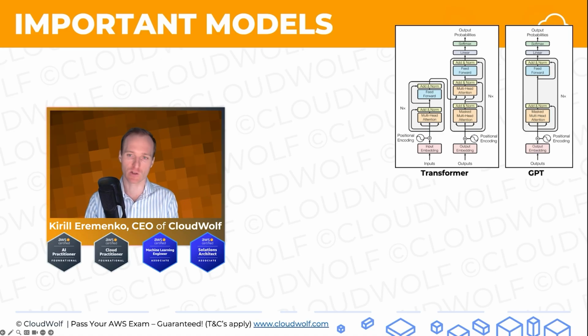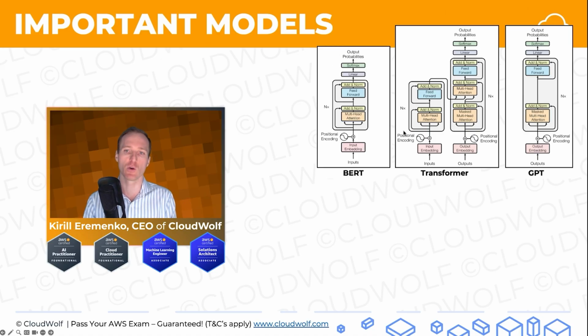Now, if you take the transformer and you take this left part, you will get a BERT model. You can see this part of the architecture is actually over here. And this is called Bidirectional Encoder Representations from Transformers. It is powerful, but it cannot generate human-like text like GPT.